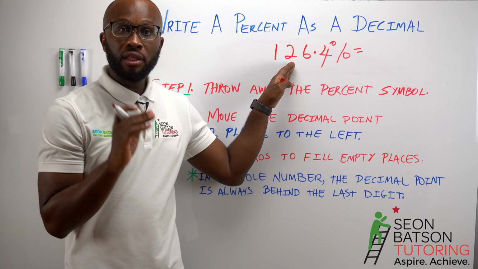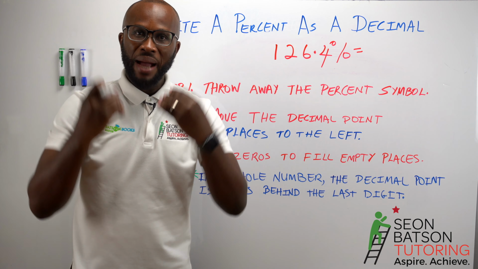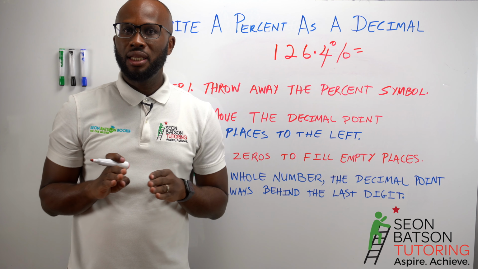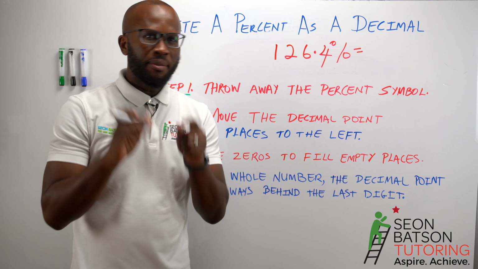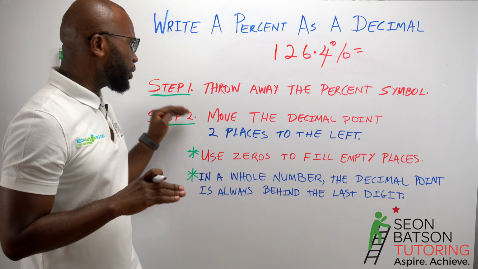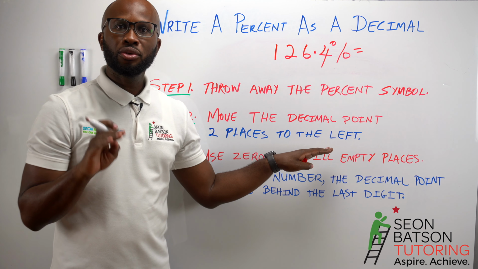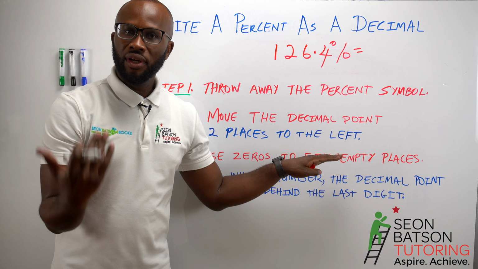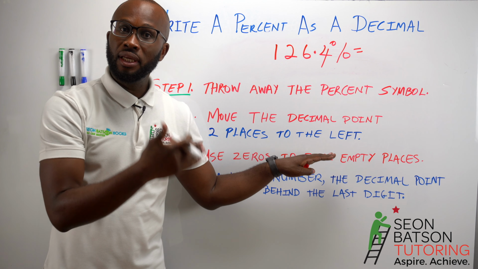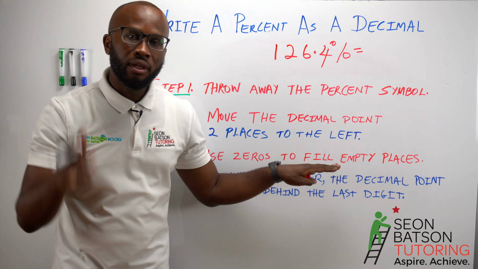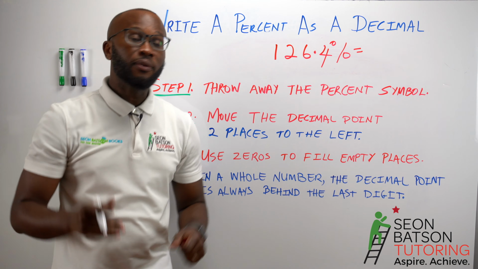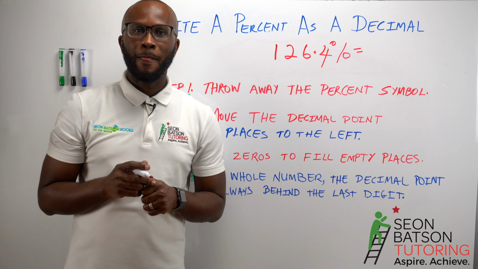But I want you to try this one on your own, then come back and let's see if we get the same answer. Yes? All right, I believe in you. Remember the plan. First, you will throw away the percent symbol, and then you will move the decimal point 2 places to the left. If there are any empty places after you move the decimal point, you will fill those places with perfect zeros. Now, give it a try.